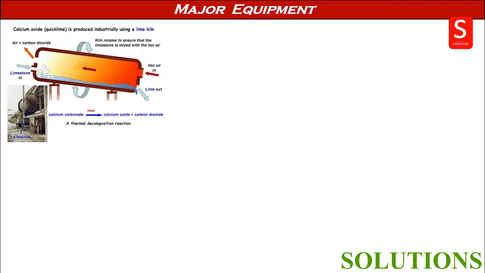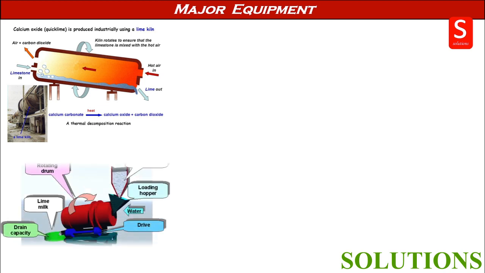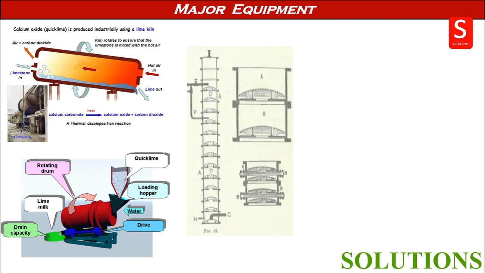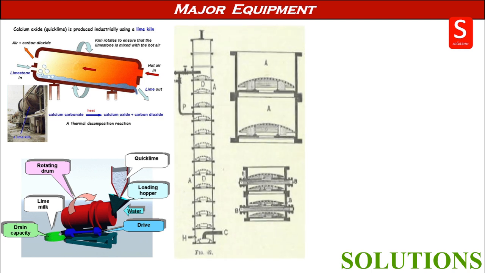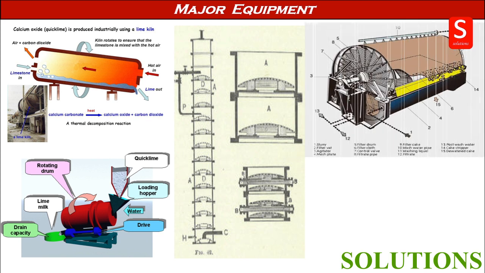Major equipment used in this industry are the rotary kiln, absorption tower, and rotary drum. Modified process.